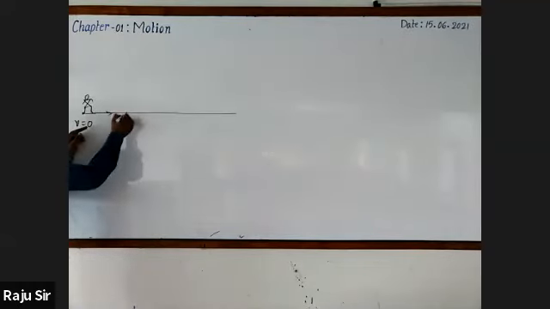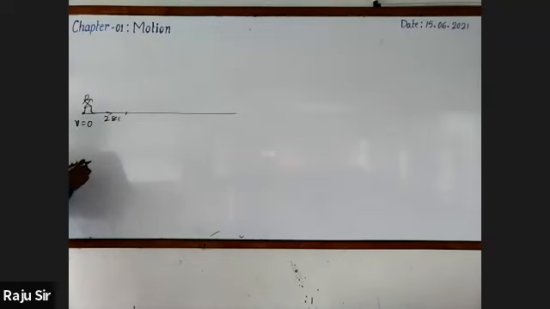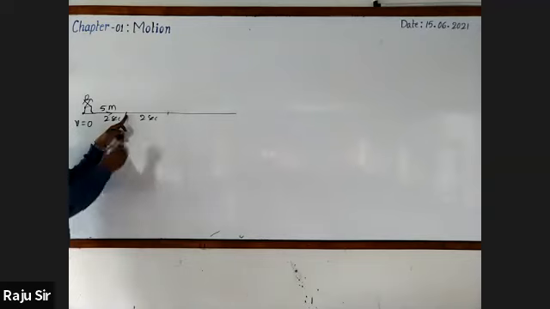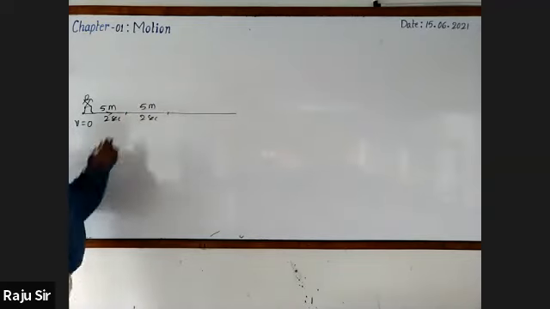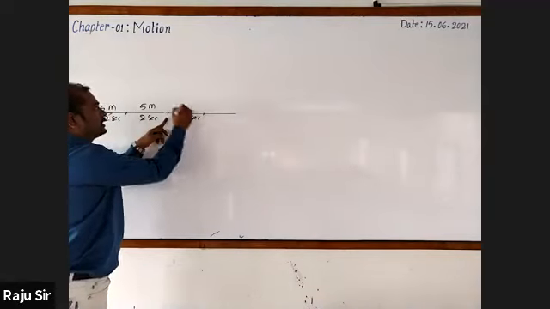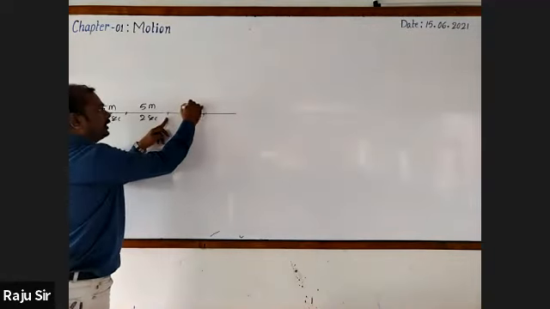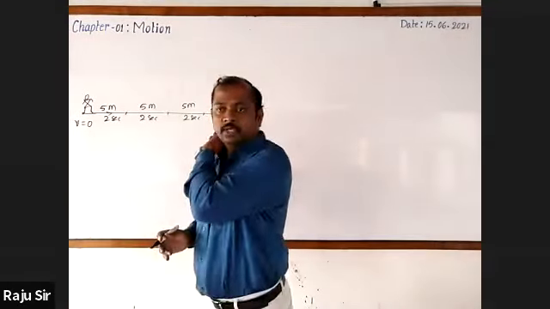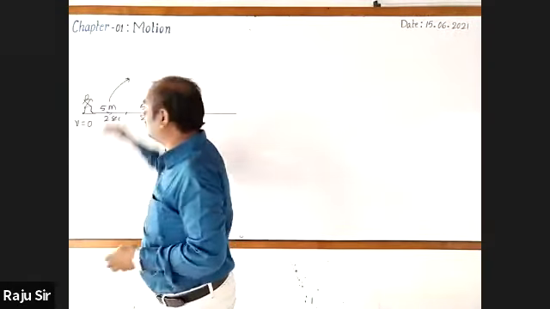Now, in 2 seconds, he covers a distance of 5 meters. In the next 2 seconds, he covers a distance of again 5 meters. In the next 2 seconds, he covers a distance of 5 meters. Now, my question is, could you tell what is his speed?